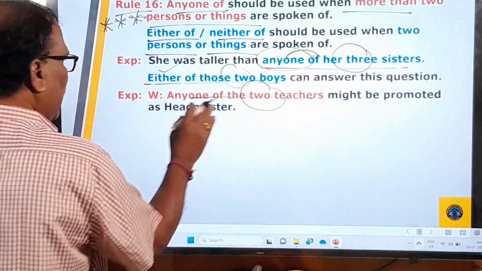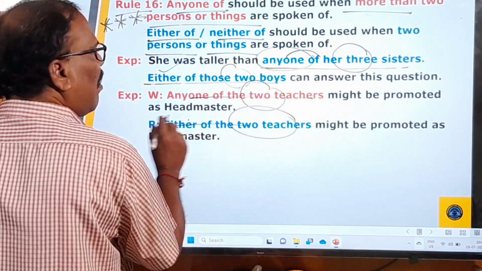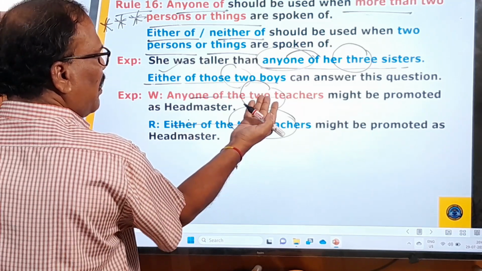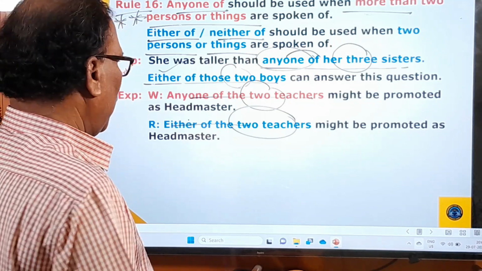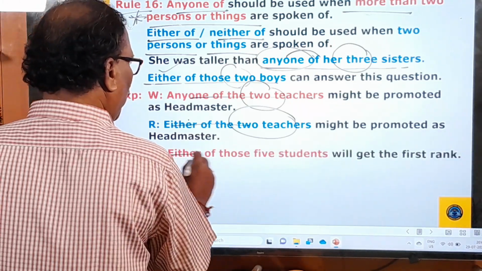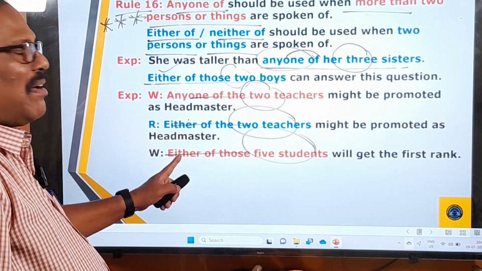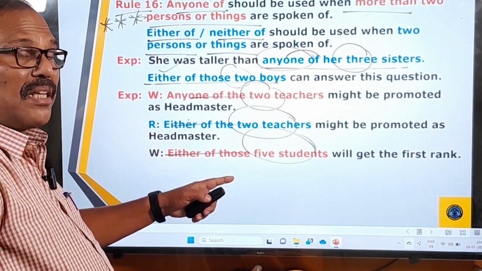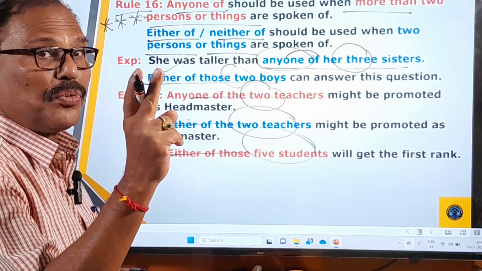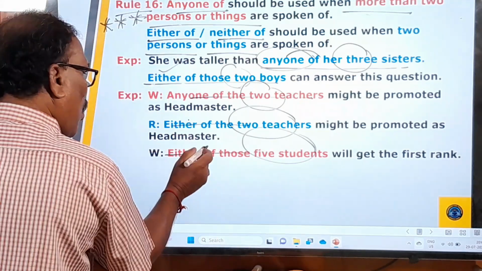Next, "either of those five students": five students are mentioned, but "either of" is used. You know very well, "either of" is used only with two persons, places, things. But here five students are mentioned. That's why this is wrong.